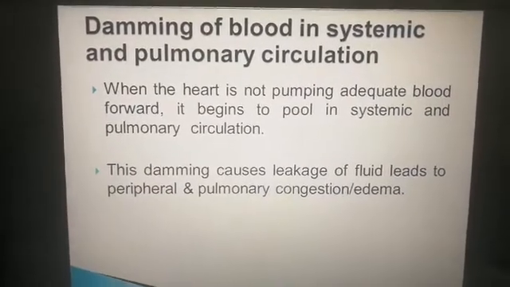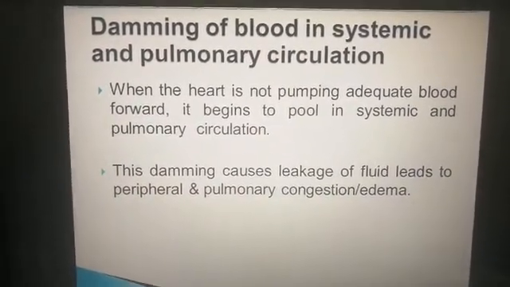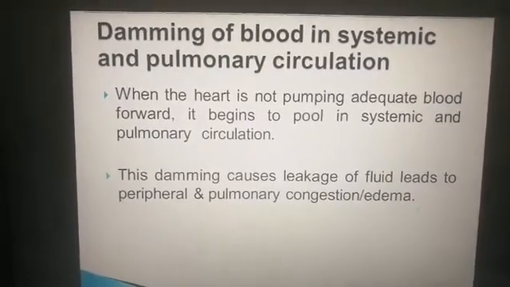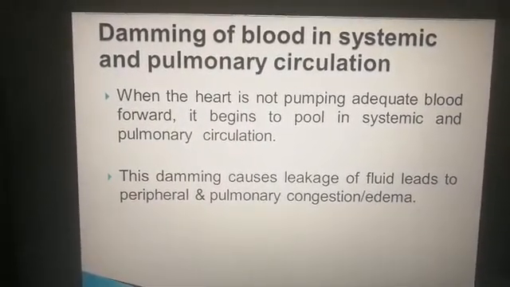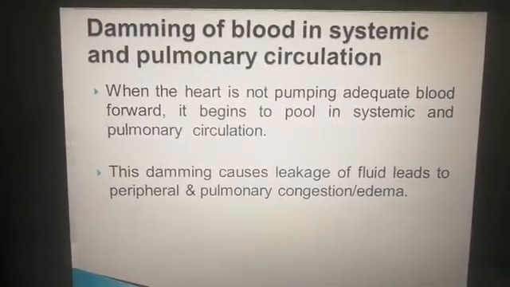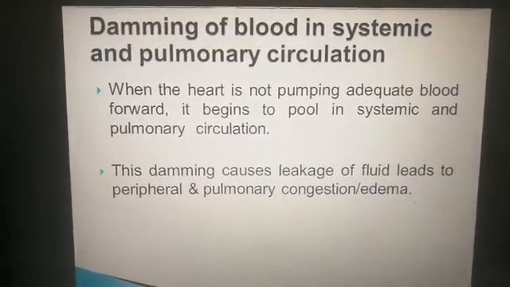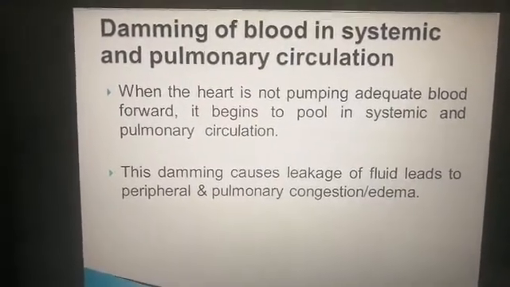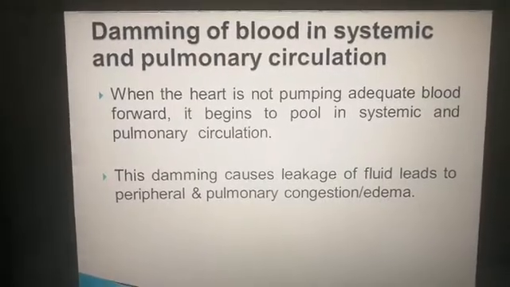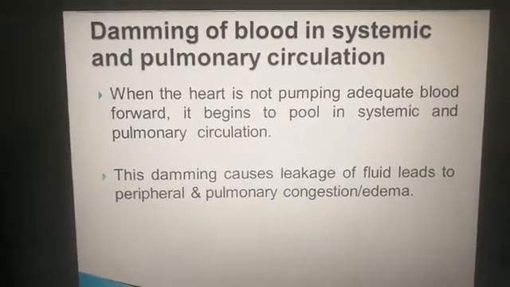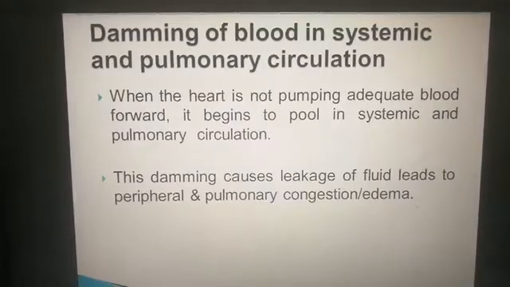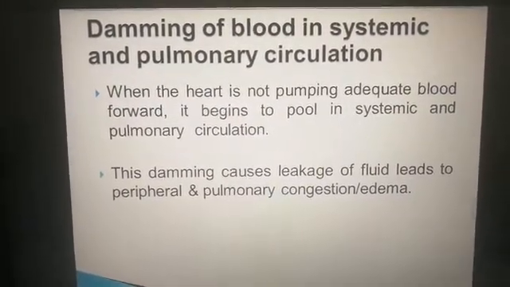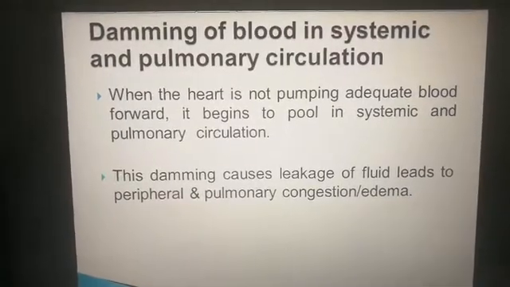So at the periphery in case of right heart failure, and in the lungs in case of left heart failure, both can occur. When the blood cannot go in the forward direction, there is pooling, or damming of blood, in either the systemic circulation or the pulmonary circulation.